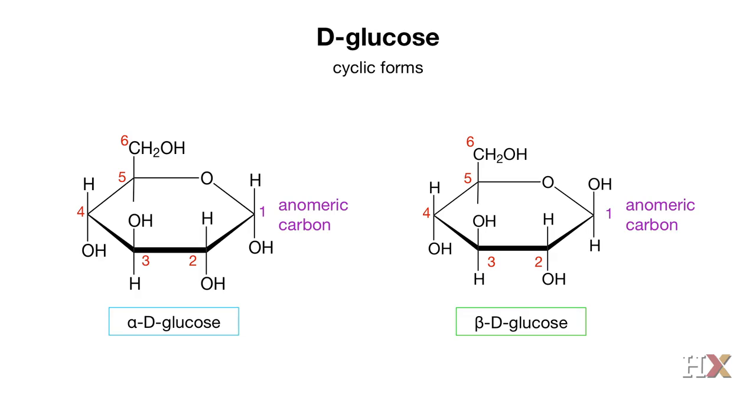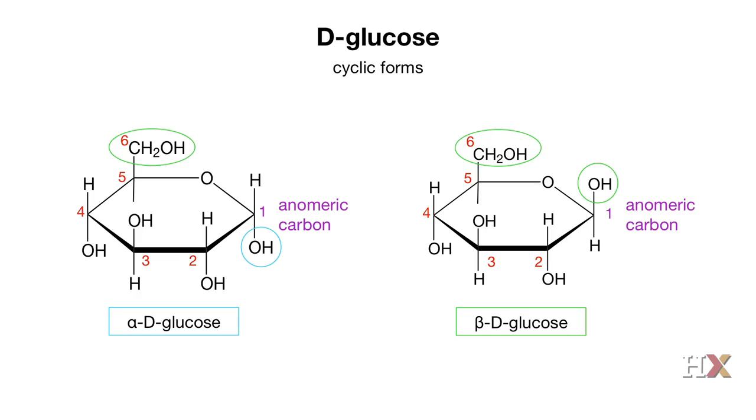In the alpha isomer, the hydroxyl group carried by carbon 1 and carbon 6 are in opposite direction, which means that in our representation, the hydroxyl group carried by carbon 1 is below the plane formed by the ring structure. In the beta isomer, the hydroxyl group carried by carbon 1 and carbon 6 are in the same direction. That means in our representation of the beta isomer, the hydroxyl group is above the plane formed by the ring structure.